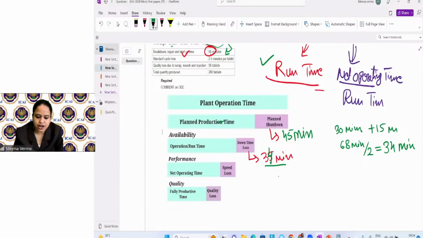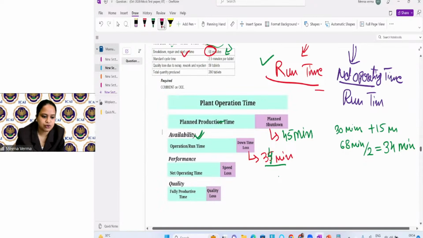All right. Now we have to find out availability. How can we find the availability?